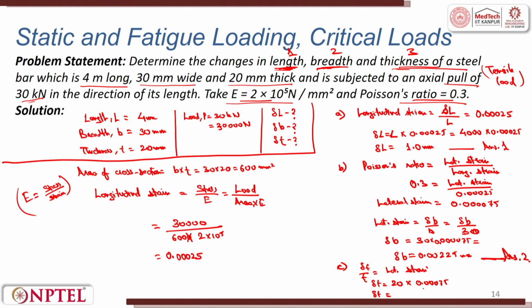So, 75 into 2 is 150. This gives me 0.015 millimeters as the value of the change in thickness. So, I have gotten the 3 values. The physical change in the dimensions of the given bar are now determined. This was an interesting problem.